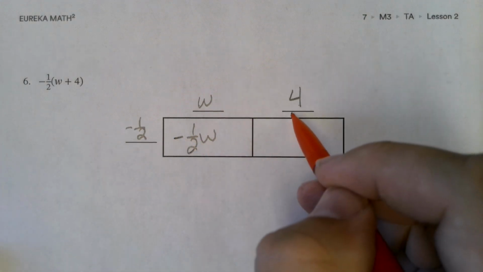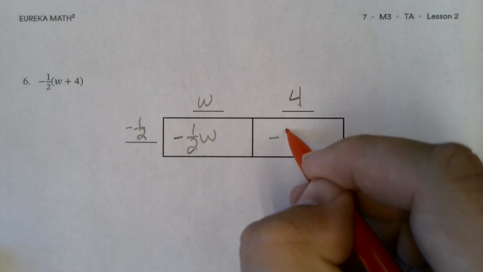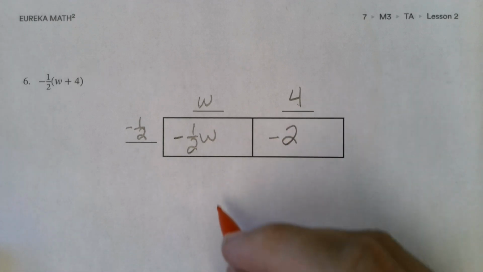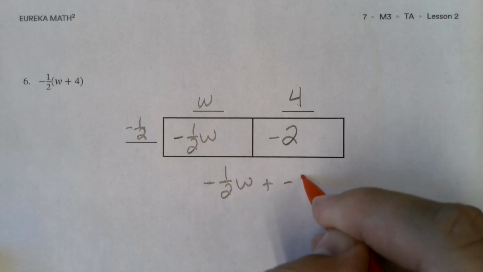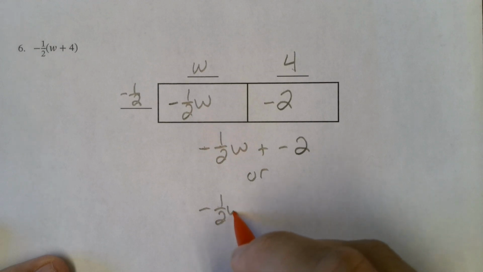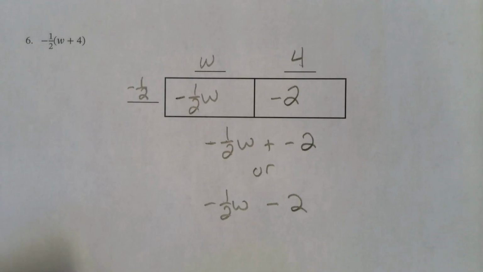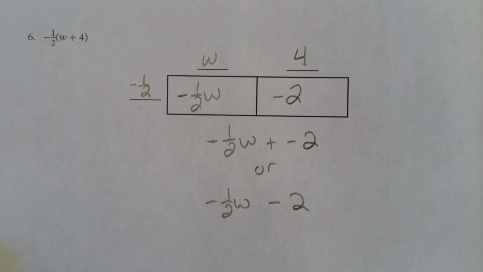And negative 1/2 times 4 makes a negative, and half of 4 is 2, so negative 2. So negative 1/2 w plus negative 2, or negative 1/2 w minus 2. You might see this written in both ways. They are the same expression, and they mean the same thing.